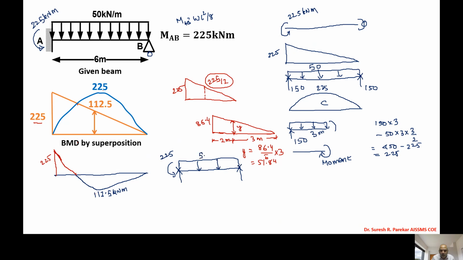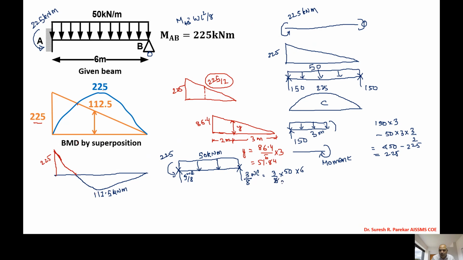So this value we have 50 kilonewton per meter. Now if we calculate the reaction at any point, suppose, I know this reaction is 3 by 8 WL, and this reaction is 5 by 8 W into L. So if I calculate this value, I will get 3 by 8 into W is 5 and L we have 6.